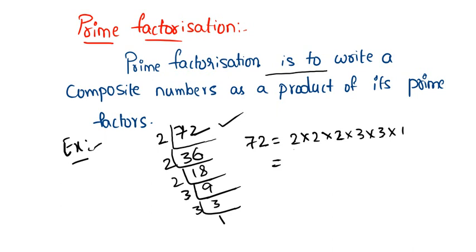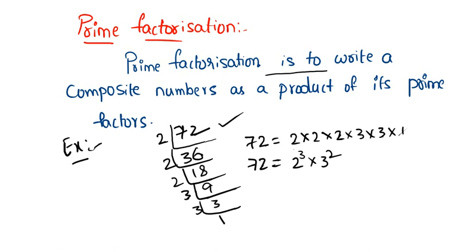So we can write 2 power 3 into 3 power 2, and I neglect the 1 in this representation. Here 72 is equal to 2 power 3 into 3 power 2 as prime factors. In this way we find the prime factorization of any composite number.